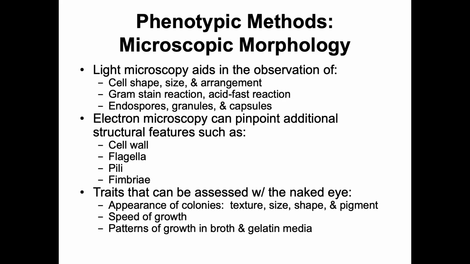And we look at their pattern of growth in broth and gelatin media. Okay. And the reason for that is that it lets us determine what their oxygen requirements are if we're looking at broth. Okay. And in gelatin media, we can look at something called motility, meaning do they have the ability to move through the media using things like flagella, okay?